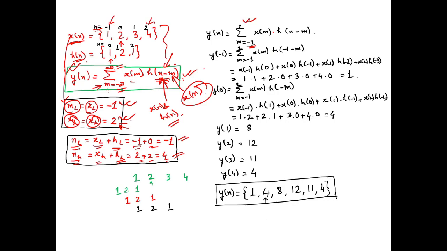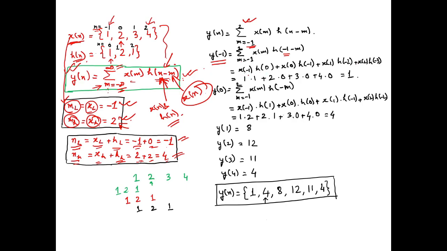Now once you get that, you have got the n values. We know that n values will change from minus 1 to 2. So we know the lower value of n is minus 1. So y will be y of minus 1. This equation has m from minus 1 to 2, and n value I have put as minus 1. You just put the values over there.